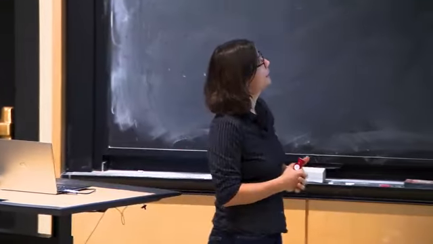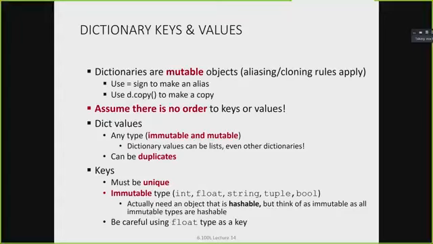Okay, so dictionaries are mutable objects, right? So all the aliasing and cloning rules apply. Remember when we talked about lists and using the equal sign between a list and another variable name? Just a plain old equal sign means that you are making an alias for that list. Same thing applies to dictionaries.